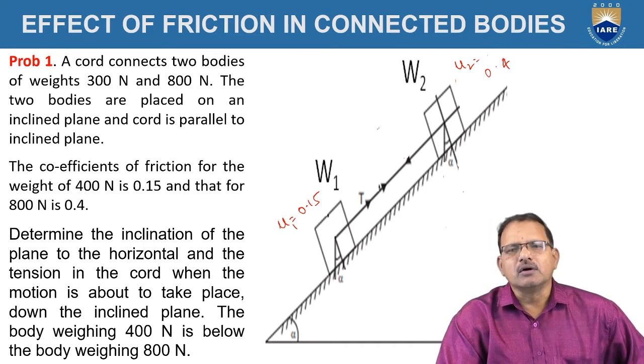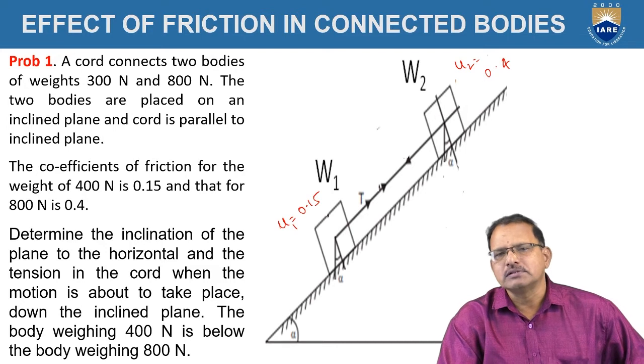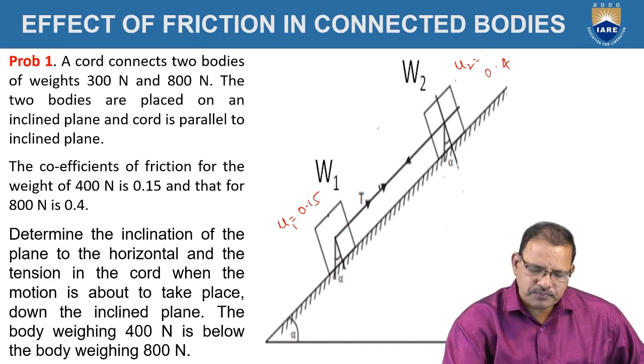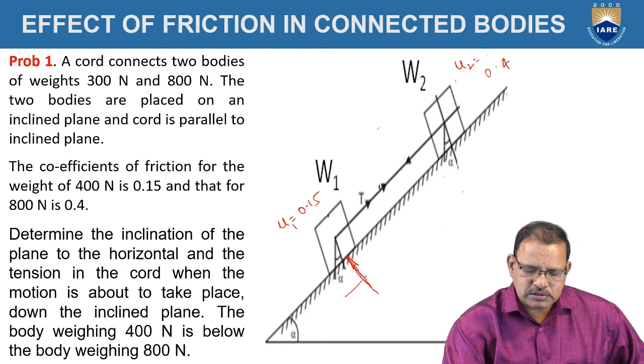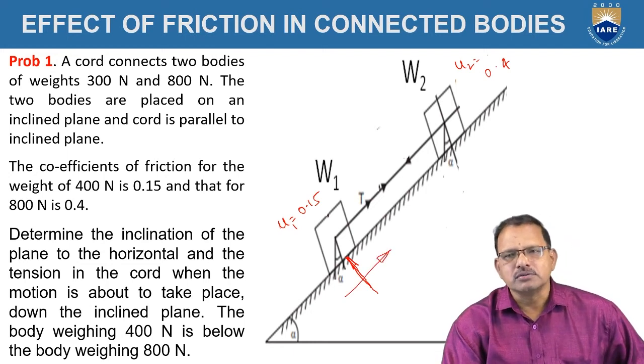Since the body is moving down the plane, the friction force is always experienced between the contact bodies and surfaces in the direction opposite to that in which the body tends to slide. For the first body, the normal reaction is always perpendicular to the plane. Friction force is in the opposite direction in which the body tends to slide.